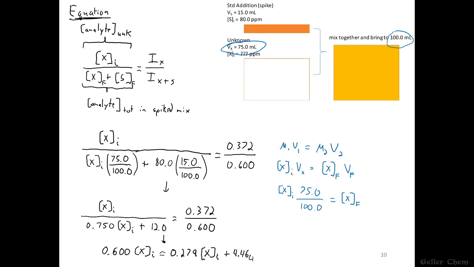And again, I got this by just cross-multiplying. From here, the algebra is simple, so I'll just solve it and tell you that the initial concentration of the unknown is equal to 13.9.